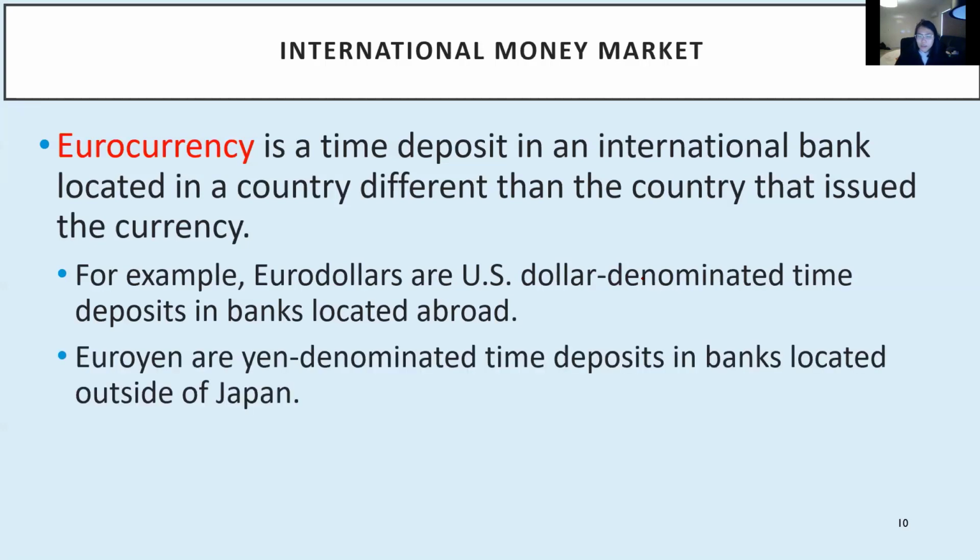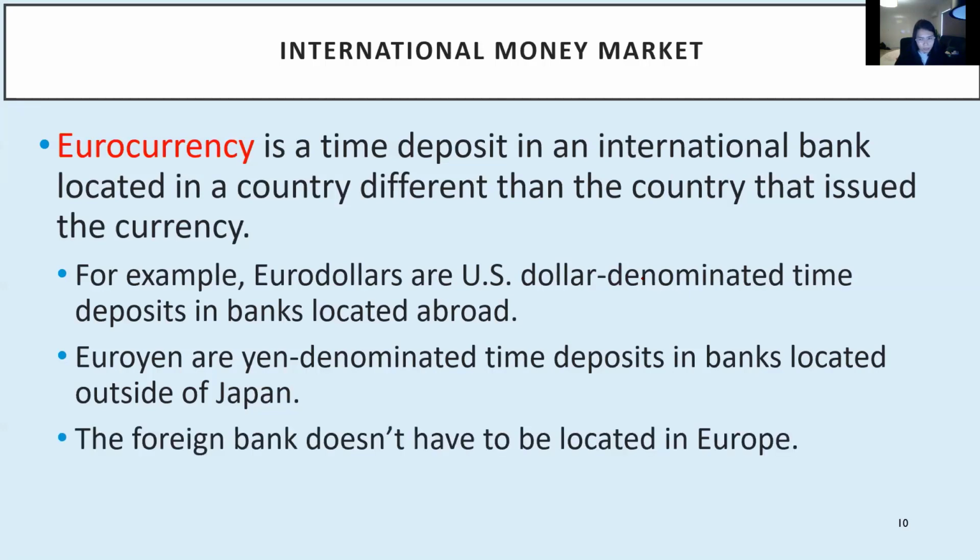Similarly, euro yen are yen denominated instruments traded outside of Japan. Okay. So the bottom line is that these currencies are traded outside of their home country. And the banks do not have to be located in Europe.